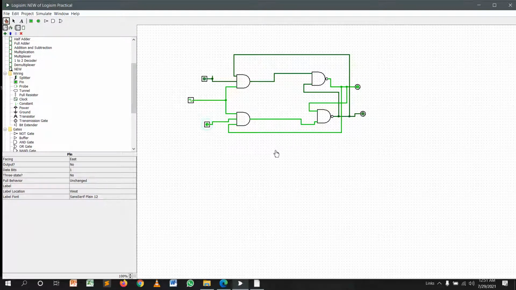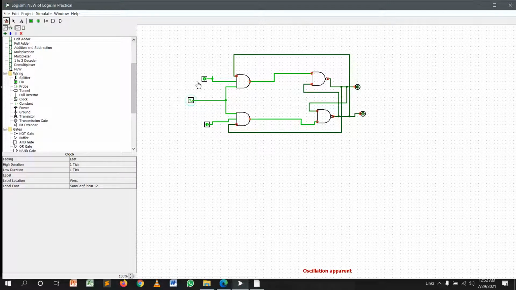Then change that. This is not a toggle state. This is the toggle one. Toggle means these values are changed. You can see this is an error. I say this is an error in this flip-flop.